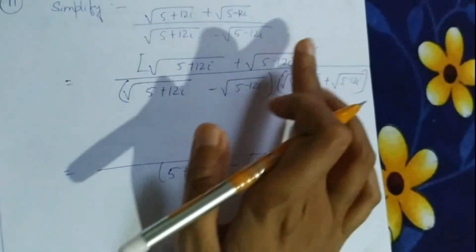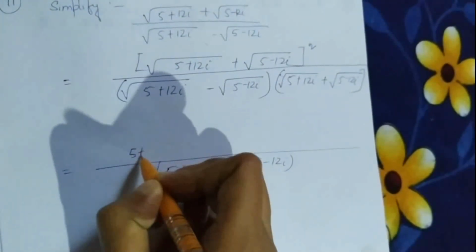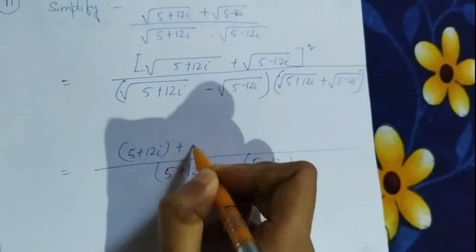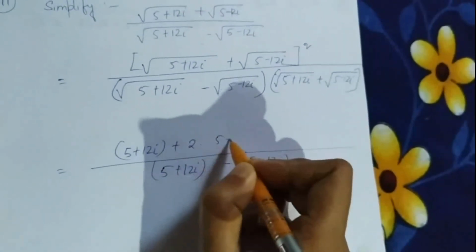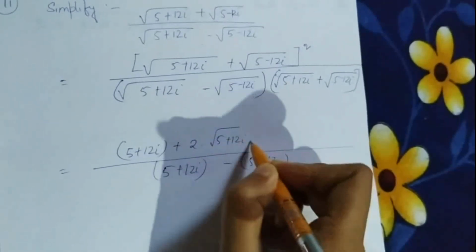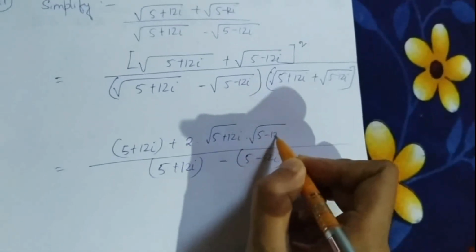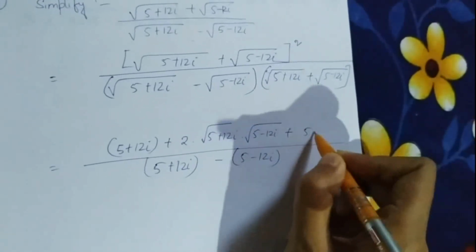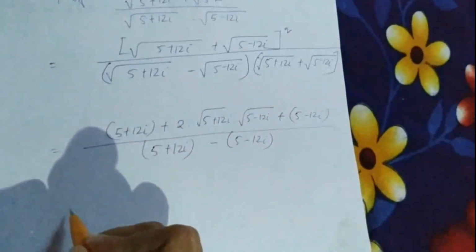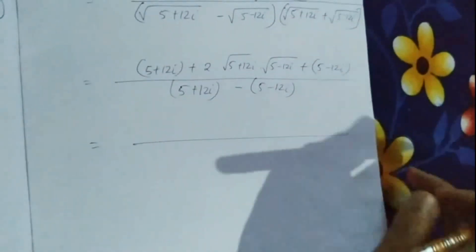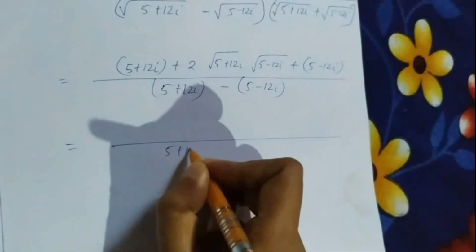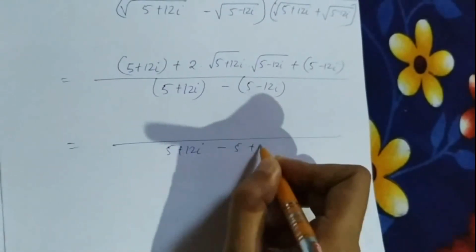And here a plus b whole square formula, a square plus 2ab plus b square. So 5 plus 12i minus 5 plus 12i.